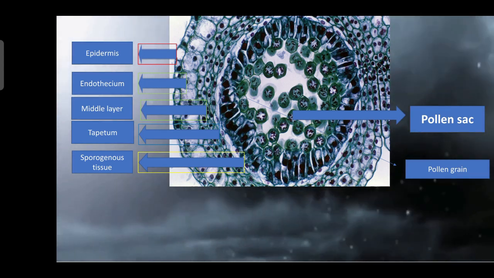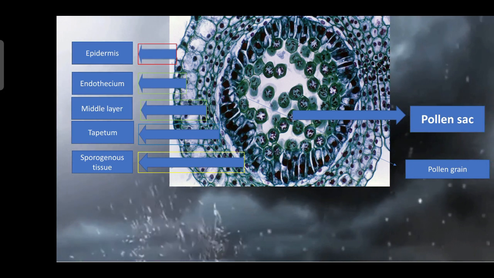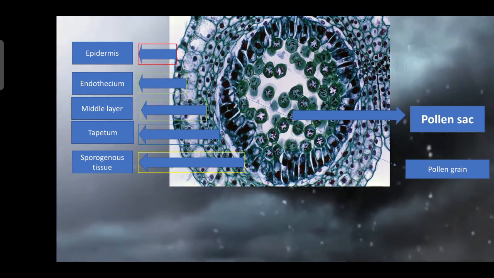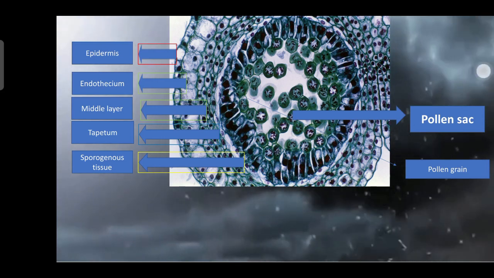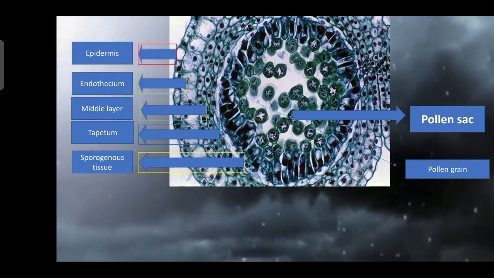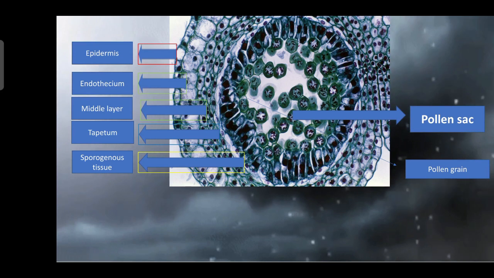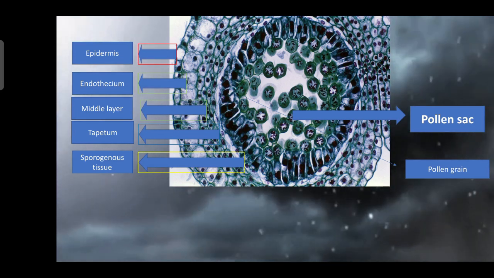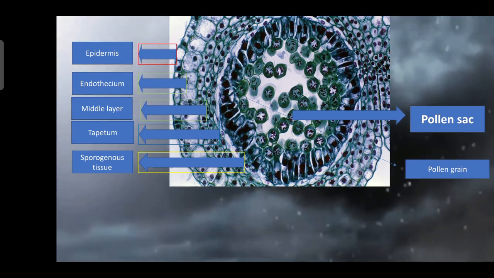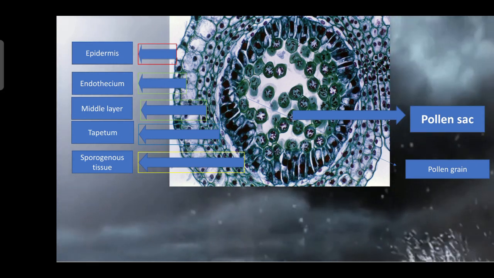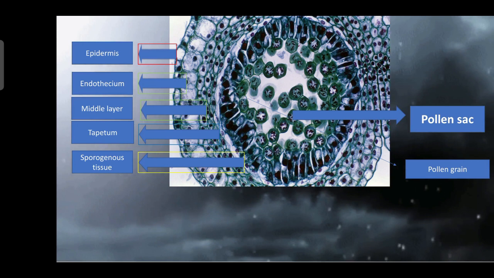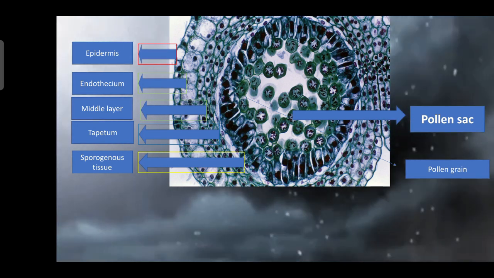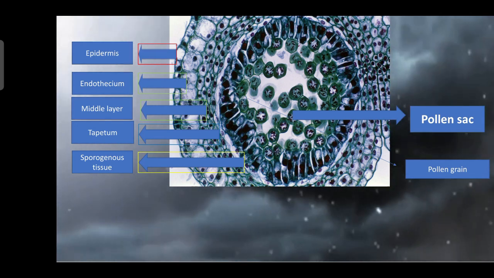They secrete oil, coat the pollen grain, and protect it from UV radiation, and they also attract the insects. The sporogenous tissue is present inside the pollen sac. How do they look? These are homogeneous cells, they look the same, and they are compactly arranged. What do they do? They divide and produce haploid microspores or pollen grains through meiotic division.